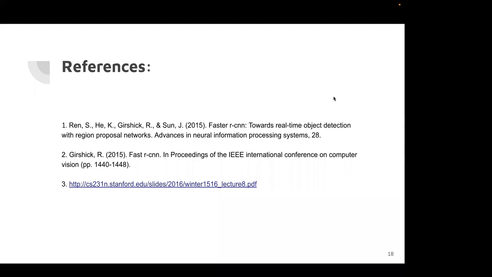The only difference is that they added region proposal networks that use convolutional layers at test time and shared them. So basically they switched from linear layers to CNNs, and this is the main benefit.